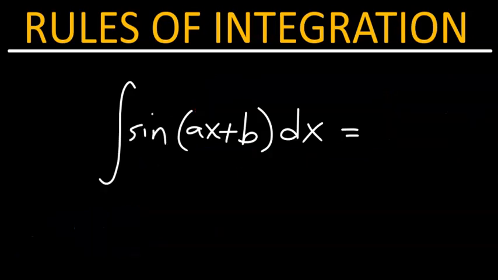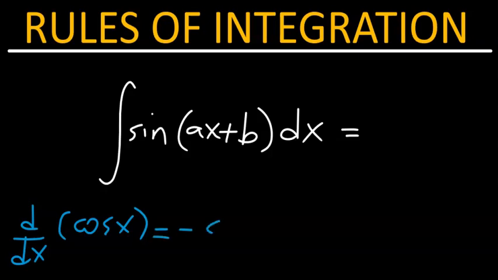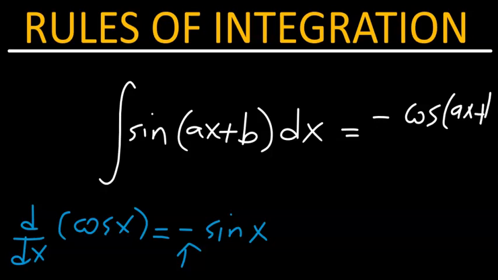Likewise, if we have to integrate a sine function, we remember from differentiation that when you take the derivative of, say, cosine x with respect to x, you get minus sine x. So this minus sign plays an important role here. In this case, we can guess the answer will be minus cosine of (ax plus b) plus a constant.